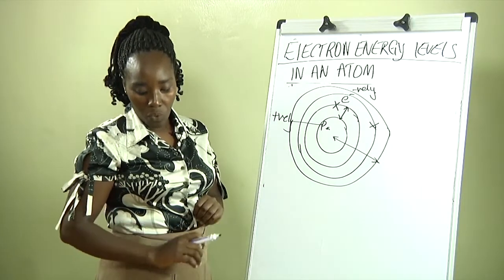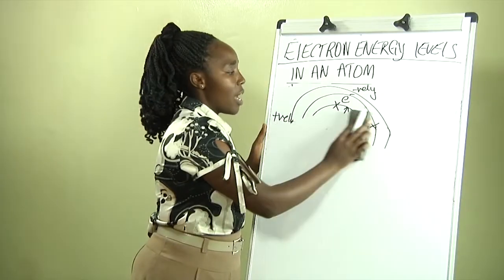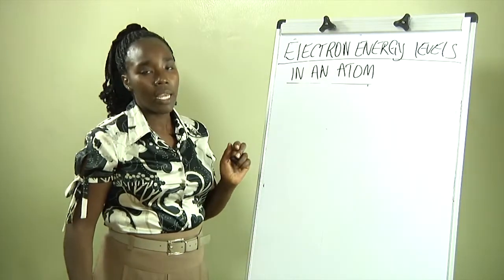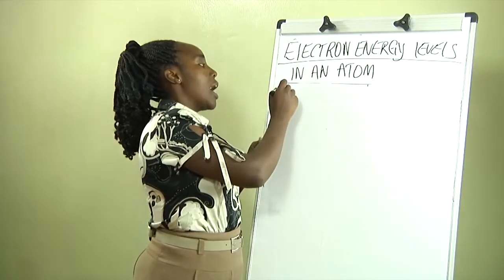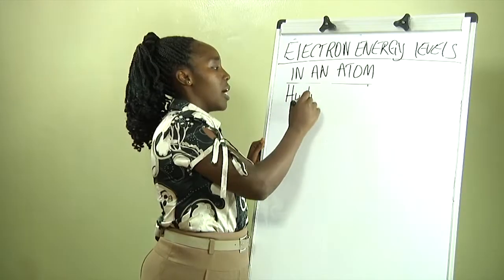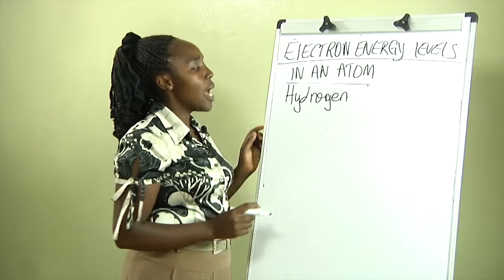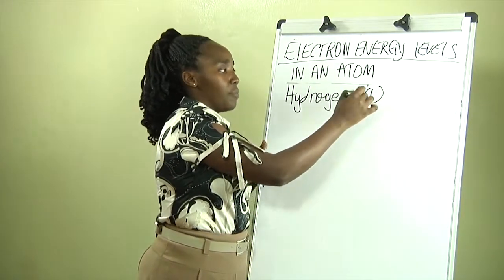So from there, we are going to give an example of a number of atoms that will help us know exactly how to draw the structure of an atom. For example, I may have a hydrogen atom. A hydrogen atom has an atomic number of 1.